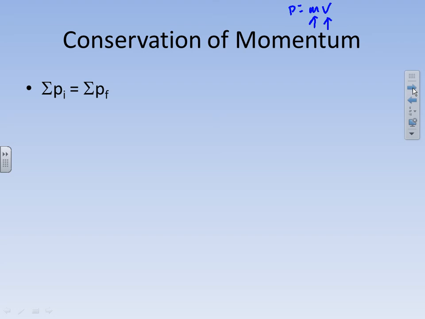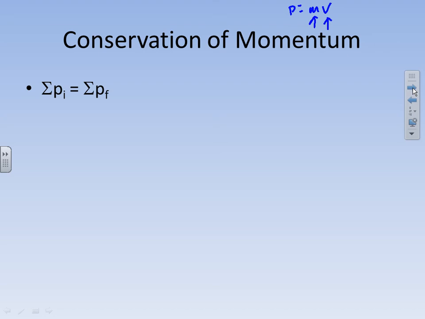What does the sigma mean? Do we remember what the sigma means or stands for? Net, or we said mathematically, that means that what do we do if we're calculating the net something? The total, right? So sigma p_i would represent what? The total initial momentum, right?